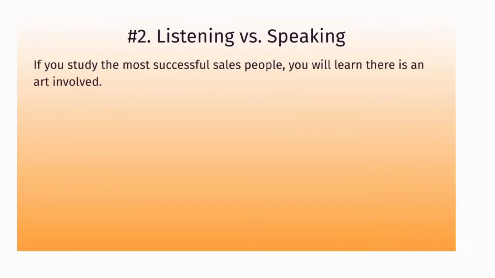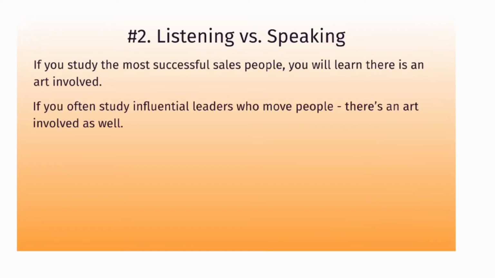Now, if you study the most successful salespeople, you will learn that there is an art involved. And if you study, for example, influential leaders who move people and have people following them, there's an art involved as well. So if you think about leaders, there's several different types of leaders, which is what we're talking about here.